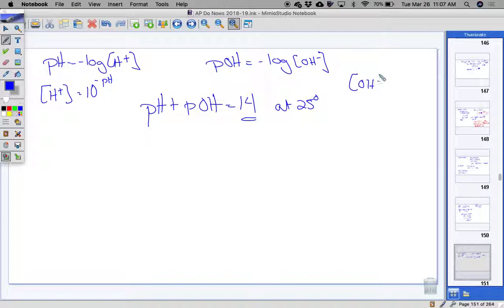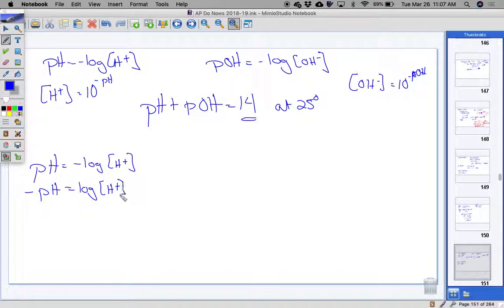Wait, what did you just do there? Think about your logarithms, right? Here's math class. You divide by negative 1, so you get negative pH equals the log of H plus. To solve for H plus, you have to raise both sides to the 10, and then that cancels out.